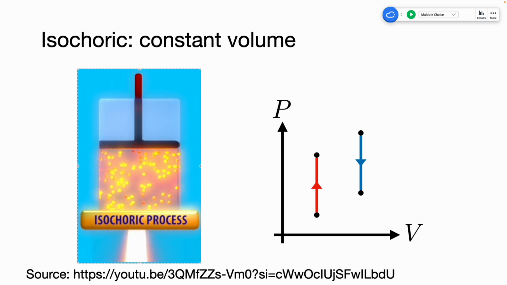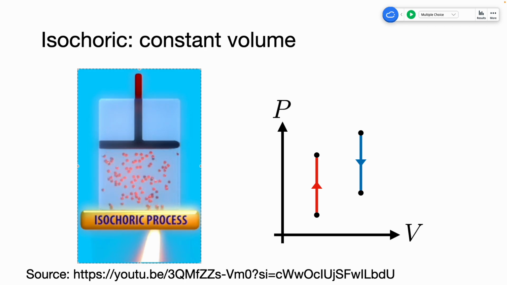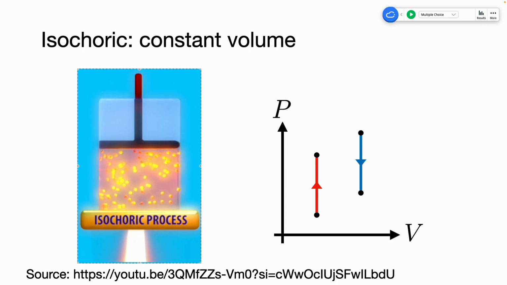For isochoric, I think they all agree to tell you it is constant volume if you're doing an exam question. If the volume is constant, the V coordinate will always be the same, so it will look vertical on a PV diagram. It can go up or go down, both are called isochoric, and this is how it should look on a PV diagram. Okay? So far, so good?